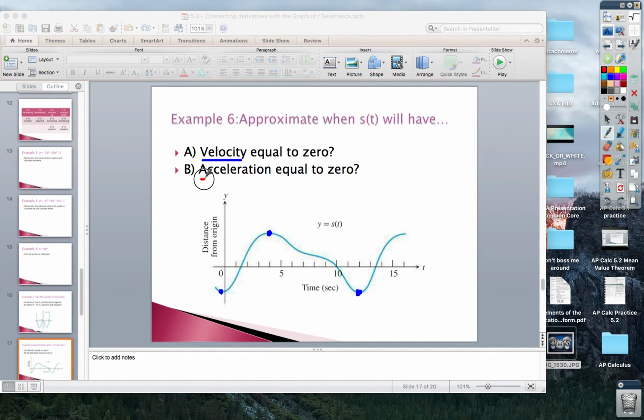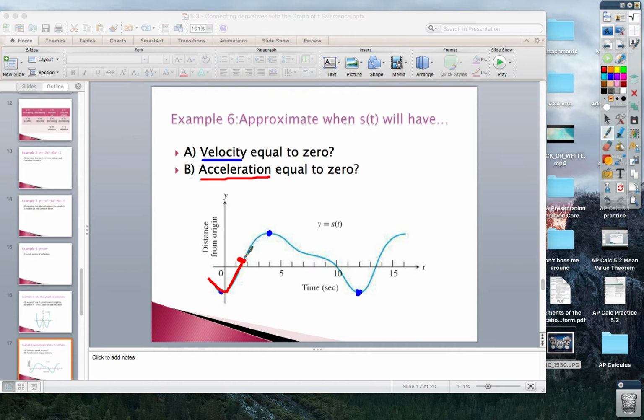Now acceleration, which we're going to do in red. Acceleration tells us when this graph is going to change concavity. So if we trace the graph from here to here, it's concave up, and about halfway through, I'd say at about 1.5, right here, it changes.